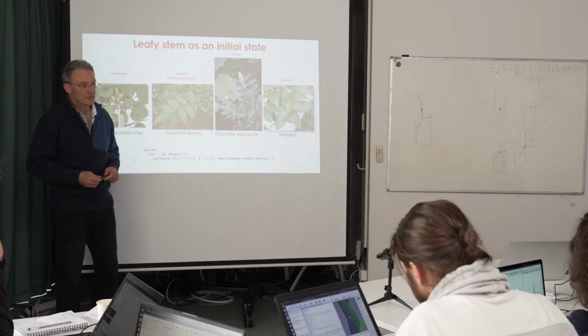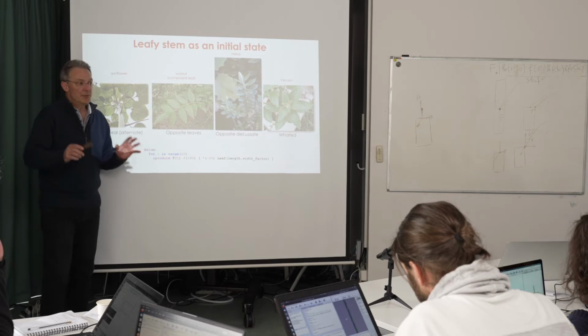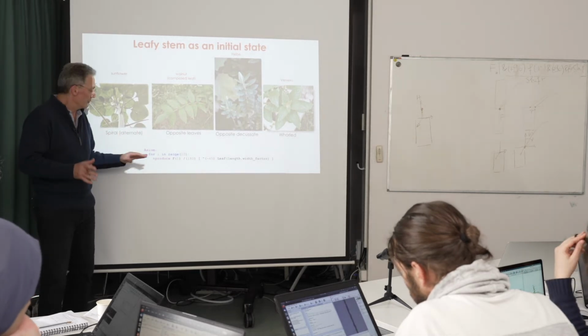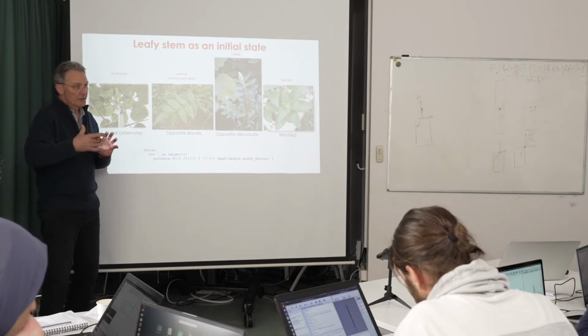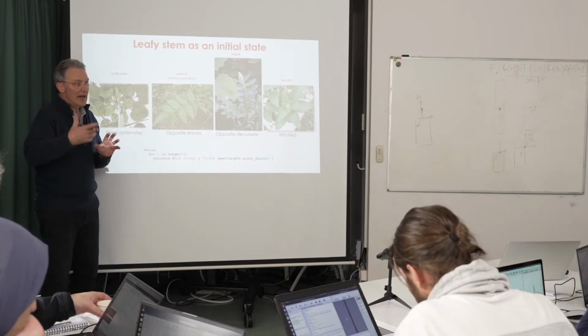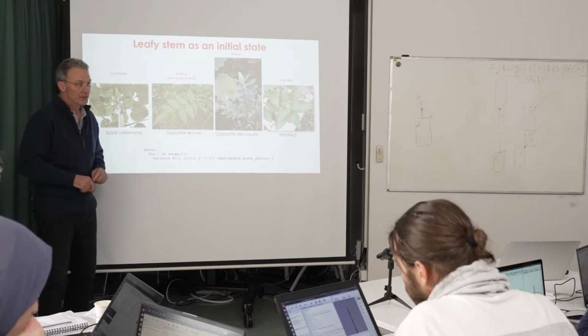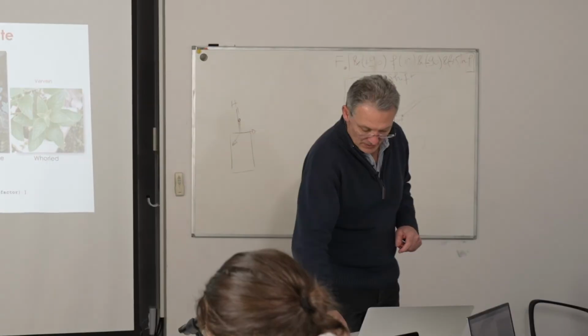Okay? It's more readable. This separates what I consider to be the initial state of the system, which I want in the axiom, from the production rules that will say how the model should evolve in time. So this is to separate these two things.